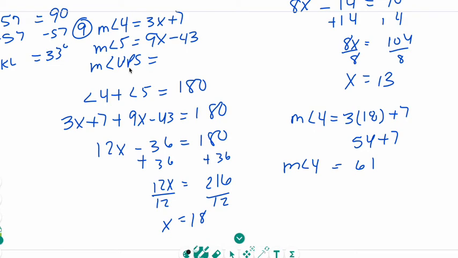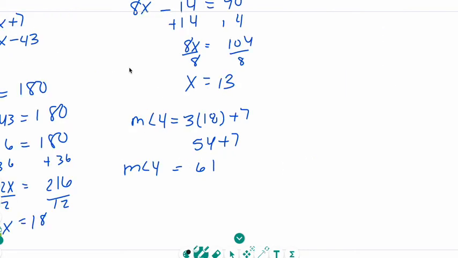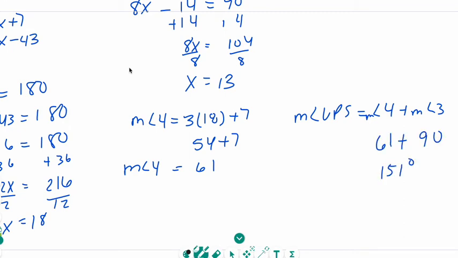And now we know that the measure of angle UPS is equal to the measure of angle 4 plus the measure of angle 3. So we're going to do 61 plus 90, which will give us 151.